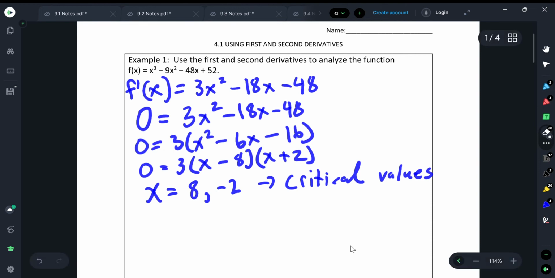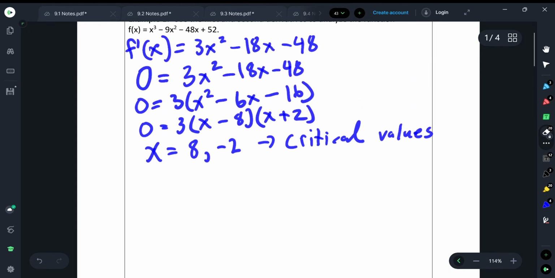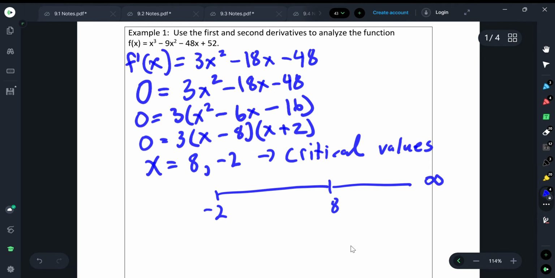So what we do is we just use those critical values. We're going to start this off with negative 2 here, and this is going to go all the way to 8, and this is going to go to positive infinity, and this is going to go to negative infinity.